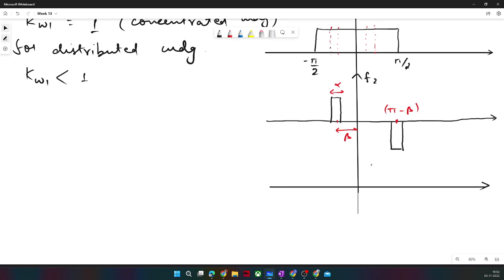So again, from beta, I will remove this notch, and one more pulse would be from. So this was beta, and this is beta minus pi.